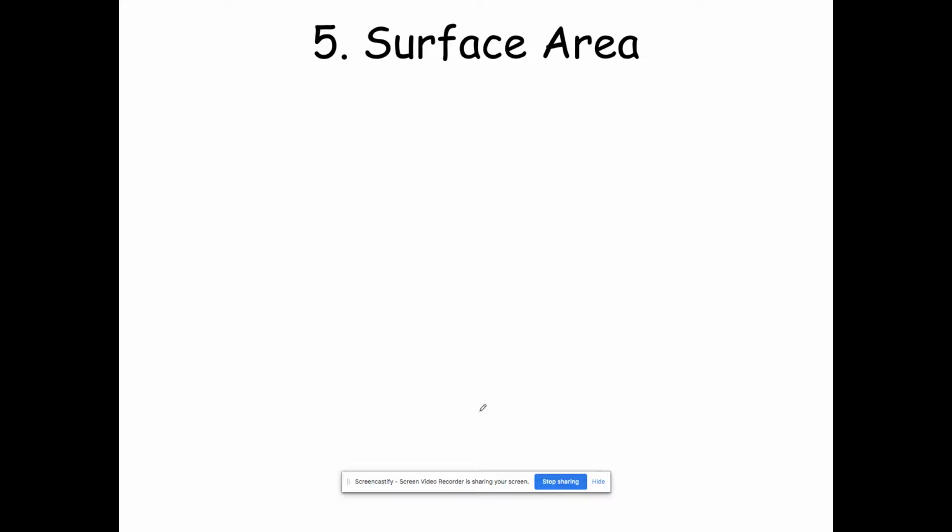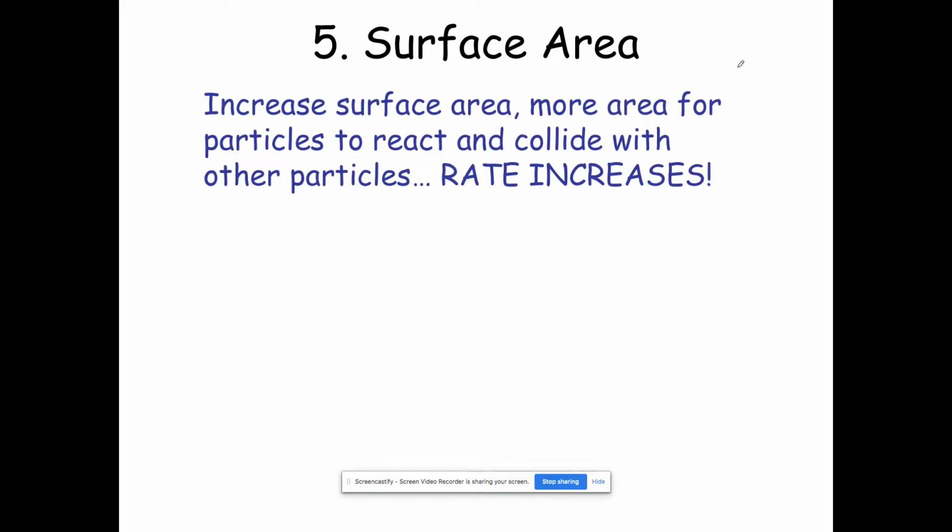The powdered zinc is going to react quicker with the HCl and have a faster rate. So the powdered zinc has a higher surface area. So again, this is a direct relationship. Increase the surface area, you're going to increase the rate, because again, there's going to be more interaction between the particles. All of these seem to be increased so far.